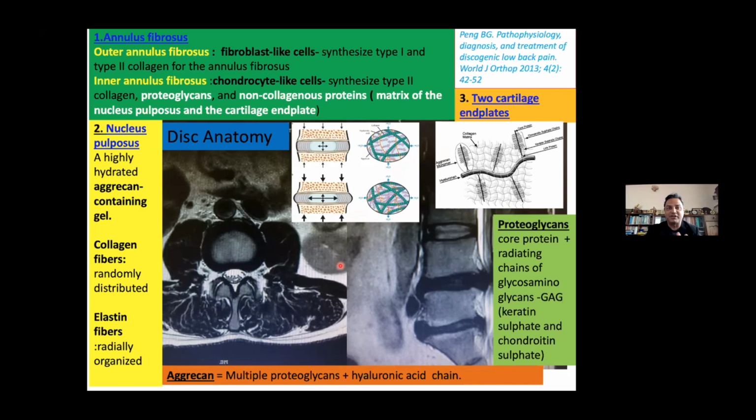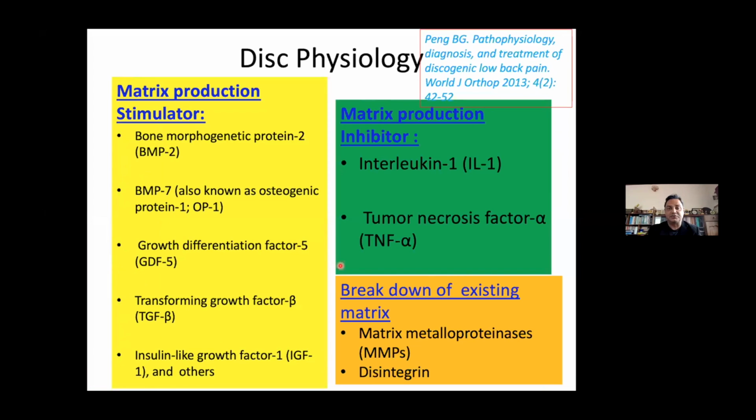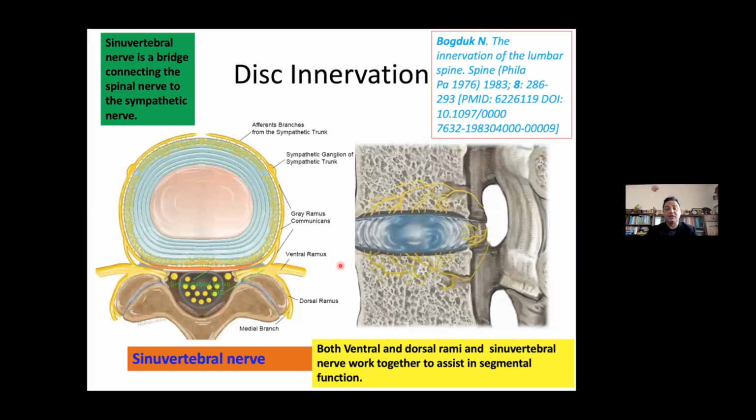So what is important, I will come to this anatomy. And there is a constant homeostasis of the disc physiology, with a balance of matrix production, of the stimulator and inhibitor, and the breakdown of the matrix. And as we know, the disc is innervated posteriorly by the sinuvertebral nerve, and through the gray ramus communicans it has a connection with the sympathetic trunk.